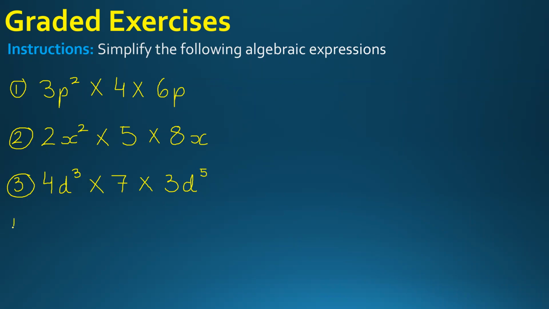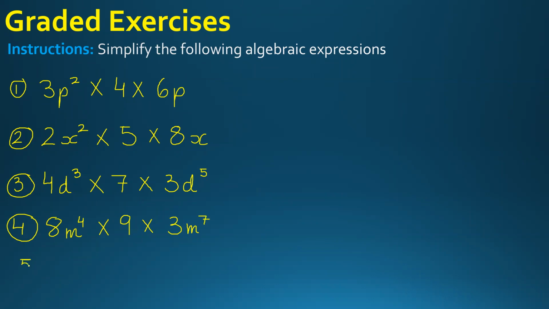Number 4, we have 8m to the power of 4 multiplied by 9 times 3m to the power of 7.